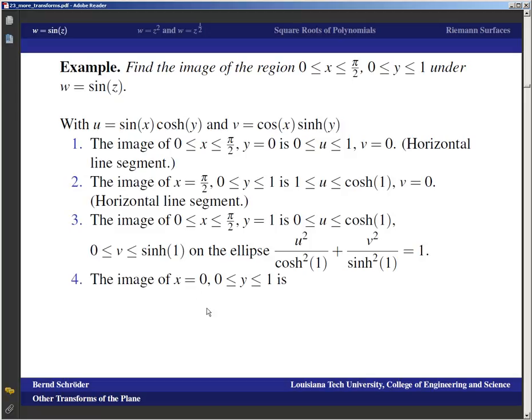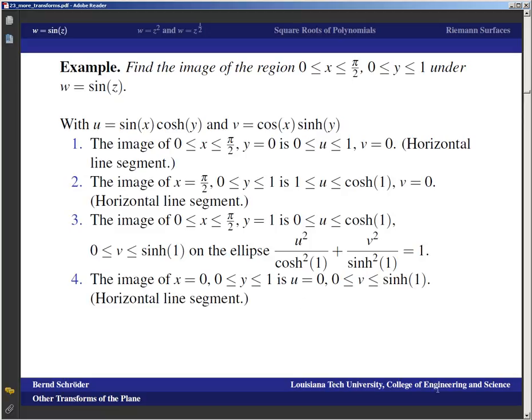And now we're at x equals 0, and we need y to go back from 1 to 0. That gives us u equals 0 and v going from sin 1 back to 0. Let's see how that goes. X equals 0 means u equals 0, and cosine x will be 1, so we start at sin 1 and go all the way to sin 0, which is 0. So that works out.